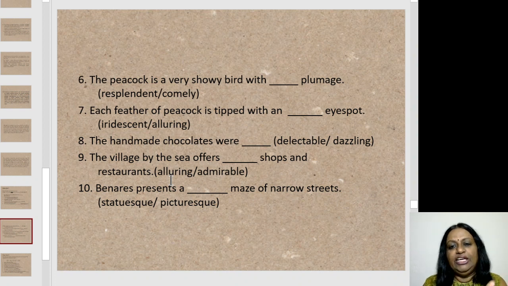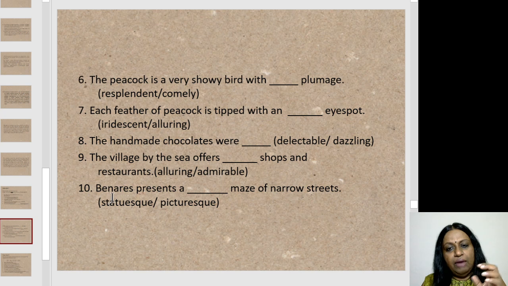It is tempting you, it is attracting you, to go to these restaurants, to go to these shops, rather than admirable, which has the connotation of awe. So it's not so much awe that the shops and restaurants invoke in you. It is rather an attraction that you want to go do your shopping or eat something at these restaurants.